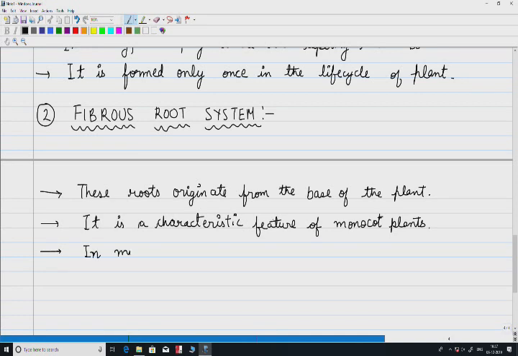In monocot plants, the radicle is short-lived.